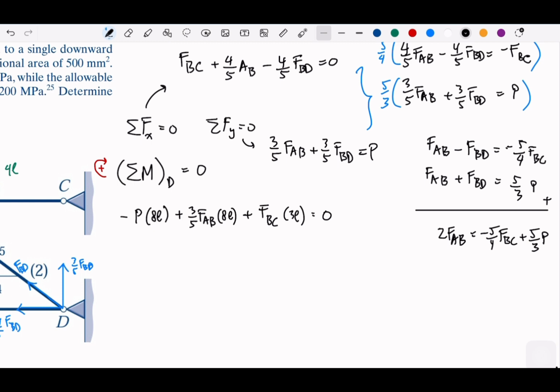And here we have P. Can we solve this? I think we can solve. Take all L, right? So 3 over 5 or 25 over 5 FAB plus 3 FBC is 8P, okay? And we can substitute the FAB is negative 5 over 8 FBC plus 5 over 6P.